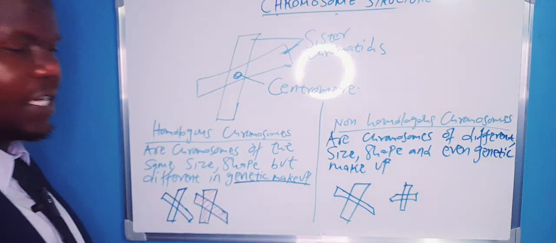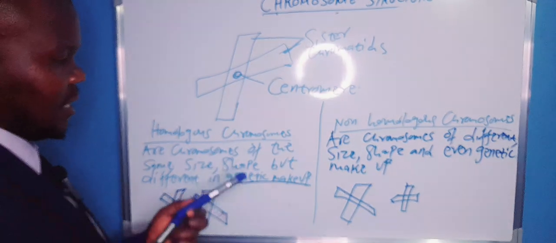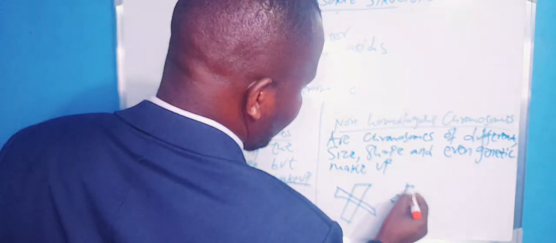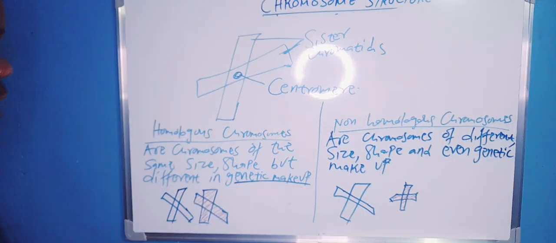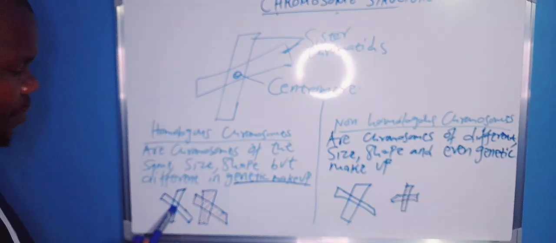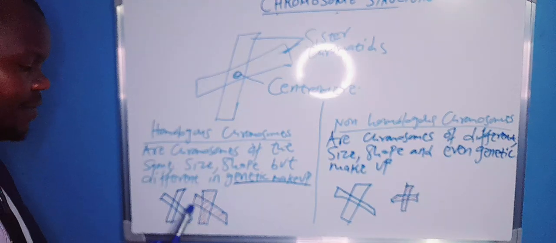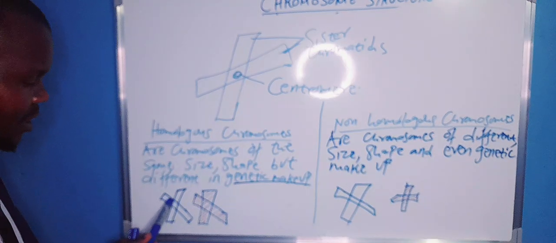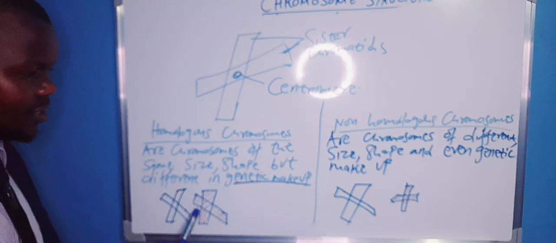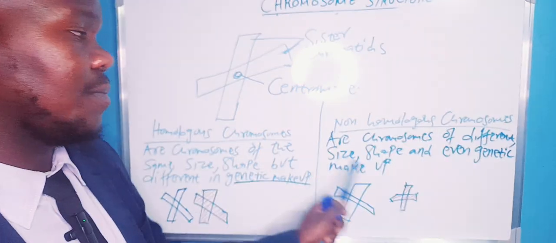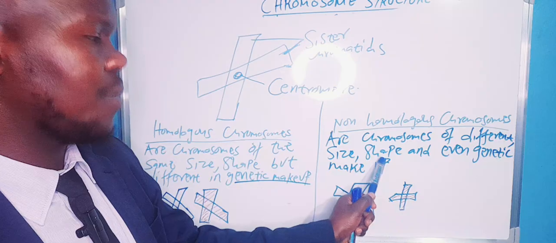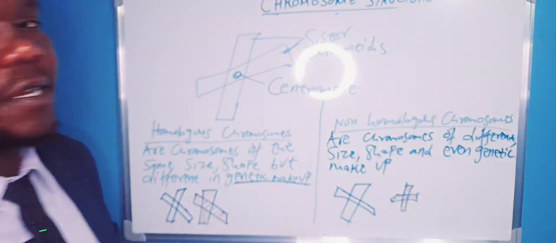You can even check the size. The size for this one is small. They are non-homologous. This one you can check, they're of the same shape, they're of the same size, but different in terms of the genes. The genes inside here are not colored. We have the genes which have color. This one is not the same in shape. They're different in size, different in shape, and even genetic makeup.